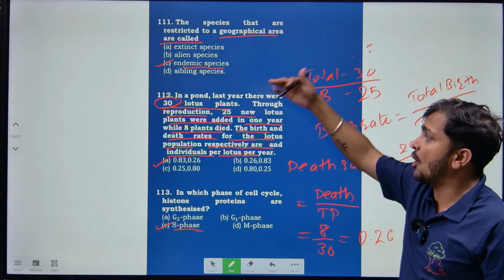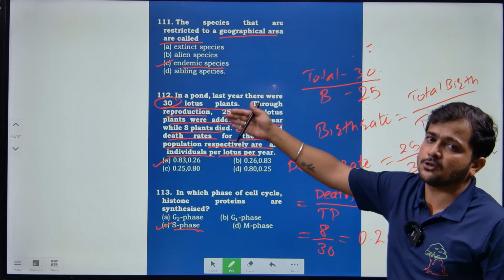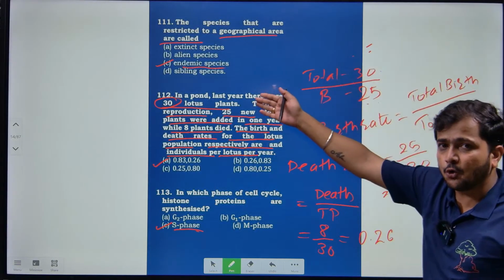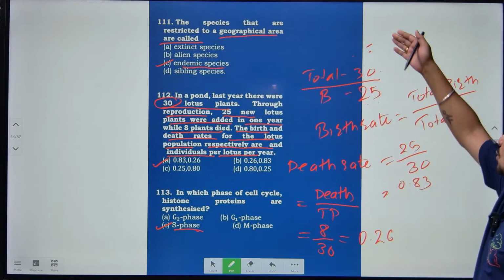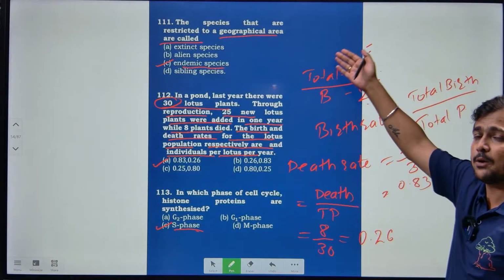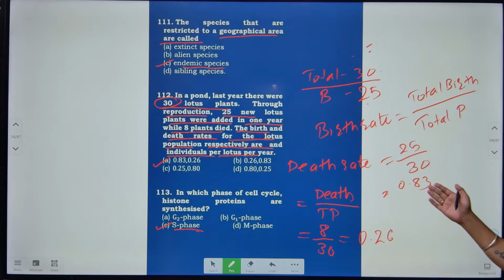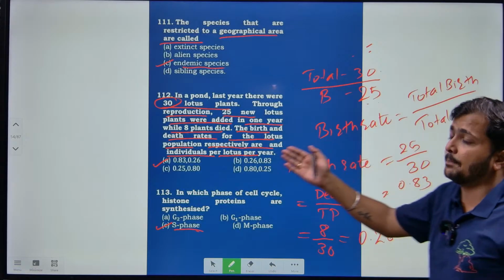First I find out the total plants, then I see how many of them are born by means of reproduction. So total births are 25 new ones, and the old population, the total plants, was 30. So 25 divided by 30 gives me 0.83, which is per individual per year.